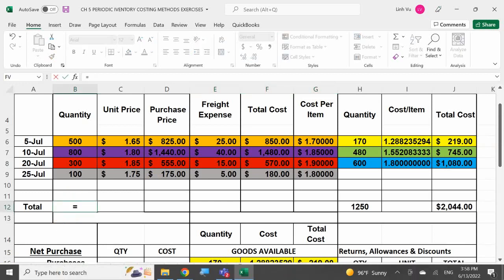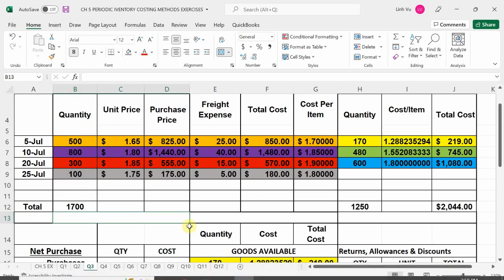Starting with my total purchases, how many items did I purchase in grand total here? $500 plus $800 gives you $1,300, plus $300 gives you $1,600, plus $100 gives you 1,700 units.